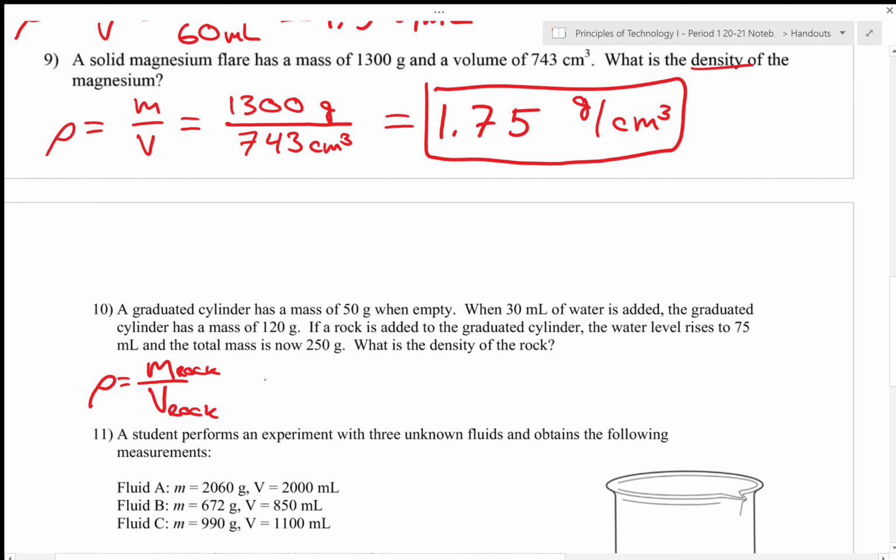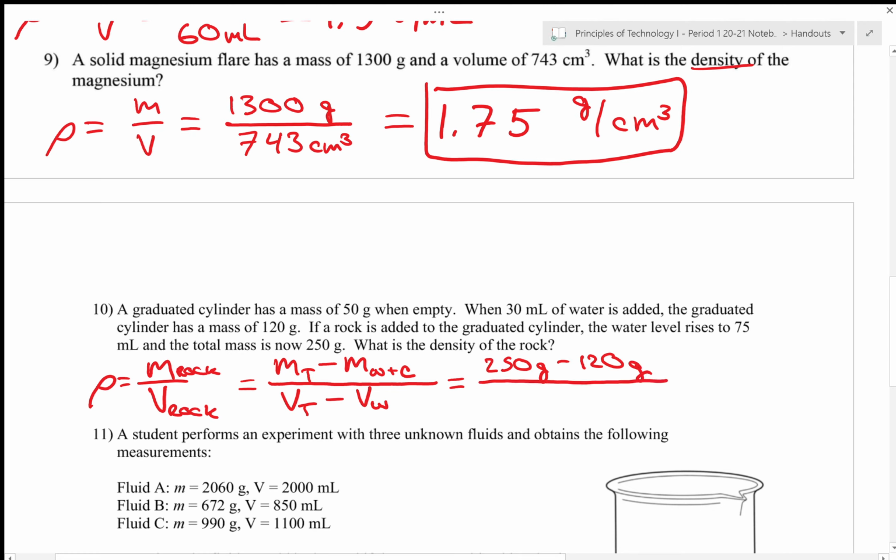To find the mass of the rock, we're going to have to take the total mass and subtract from it the mass of the water plus the cylinder. To find the volume of the rock, we're going to have to take the total volume and subtract from it the volume of the water. So the total mass that we're given for this problem is 250 grams. The mass of the water and the cylinder together is 120 grams.